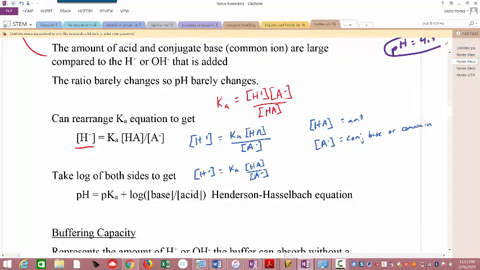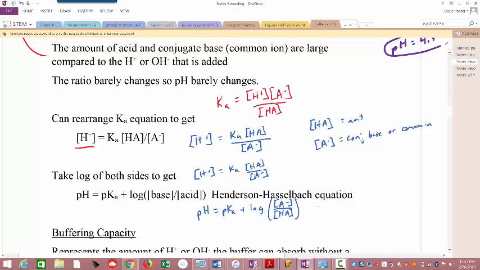When we take the log of that, that switches. So I'm going to rewrite this again so that we can see the fractions better. So of course pKa, negative log of the Ka, and then this is the log of the concentration of A minus, which is the base, over HA, excuse me, which is the acid.